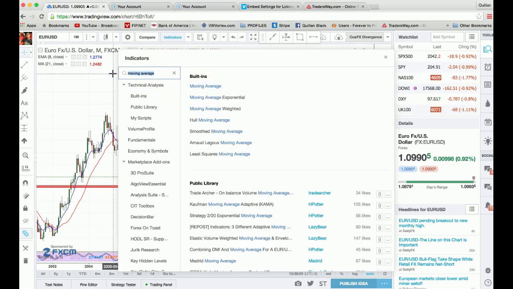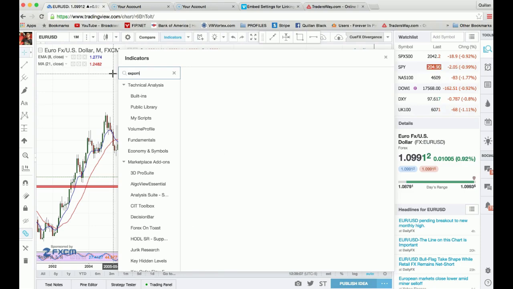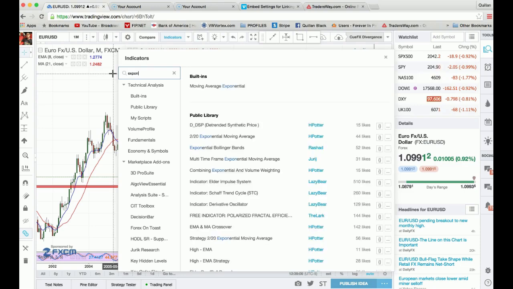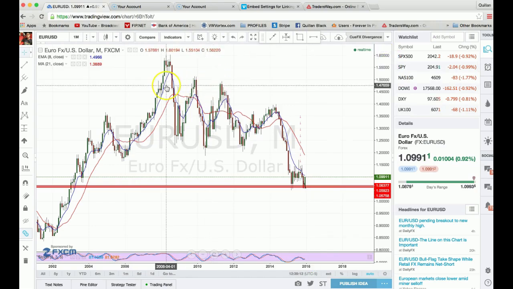And for exponential, you just type in expon. Once you modify that and choose the period you want to use, I do recommend the 8 EMA and 21 SMA, mainly because it gives you a trend bias as far as what kind of market you're in and what type of trend the market is trying to push.